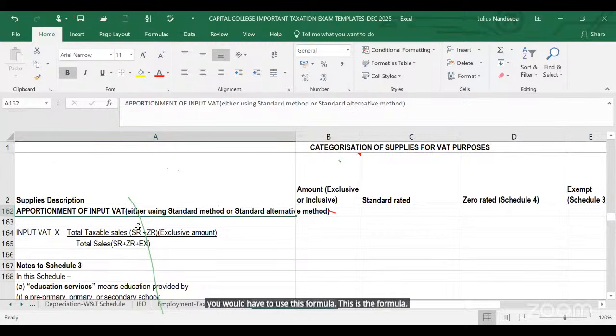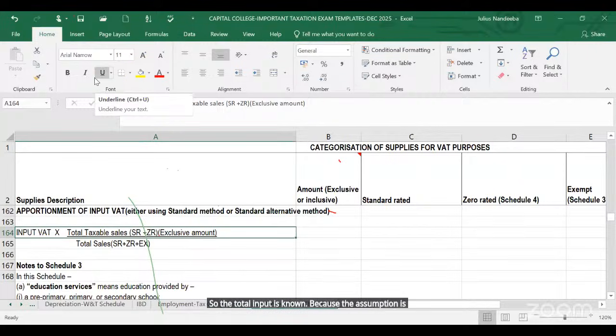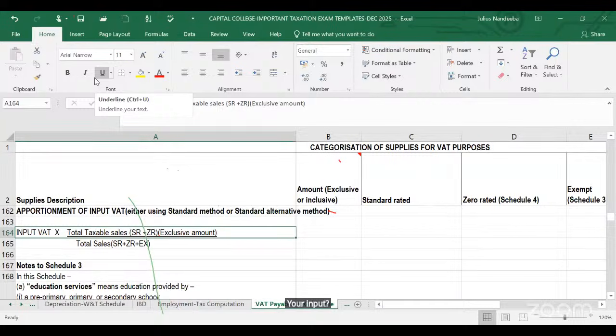This is easy to apply. Already you had your input tax schedule where you got your total input. So the total input is known because the assumption is that you already picked it from your input schedule. But you want now to apportion it. So what formula do you use to apportion that total input?